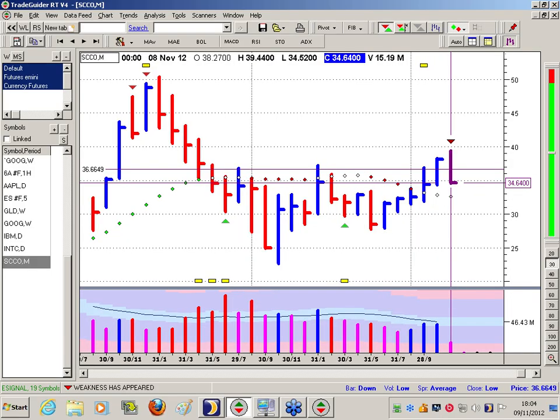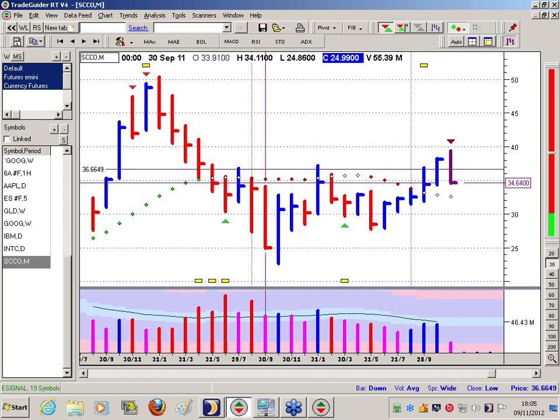We've got a question here from GR. Could we look at SCCO Southern Copper, monthly, weekly and daily? This is the monthly chart. Well, it's copper.